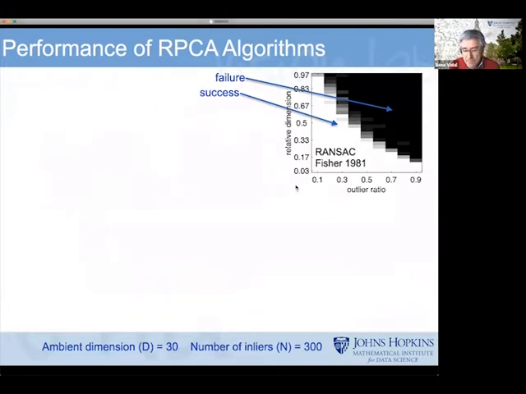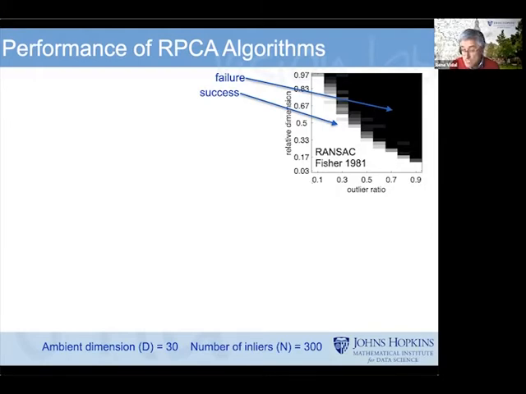The x-axis here denotes the outlier ratio, so the percentage of outliers relative to the entire data set, from 10% to 90%. The y-axis denotes what we call relative dimension, so the dimension of the subspace relative to the ambient dimension. Here the ambient dimension is 30.